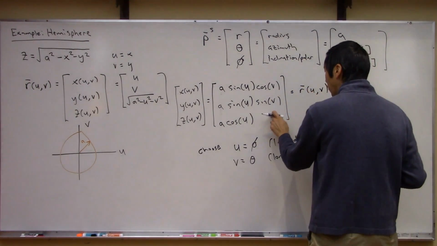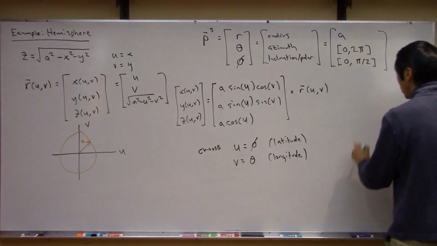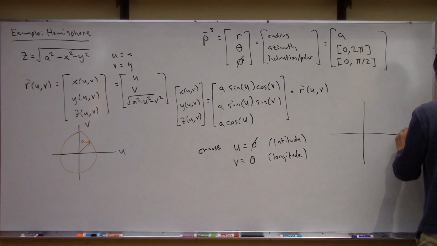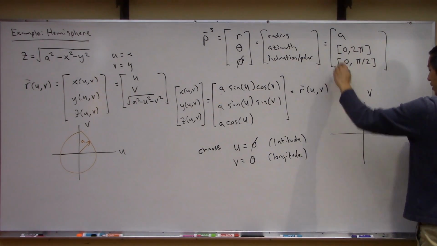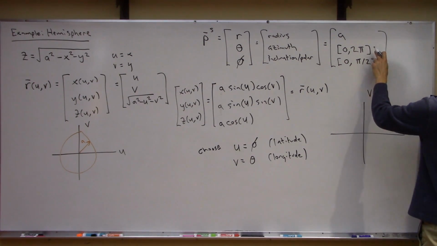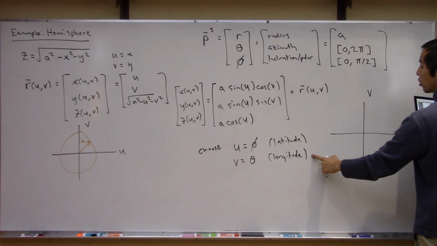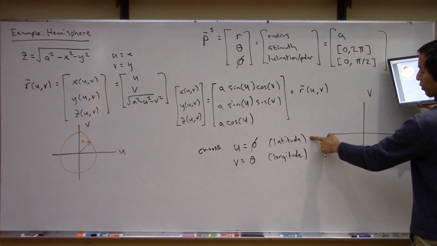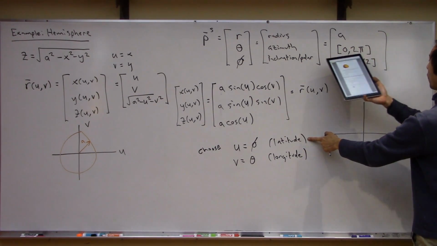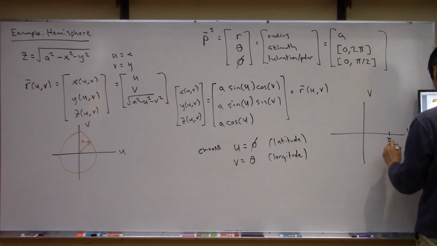Now the benefit of this particular parameterization is that when we sketch the region in the UV plane we're interested in, look at this. We said that u is phi, the latitude, which is between 0 and pi over 2.